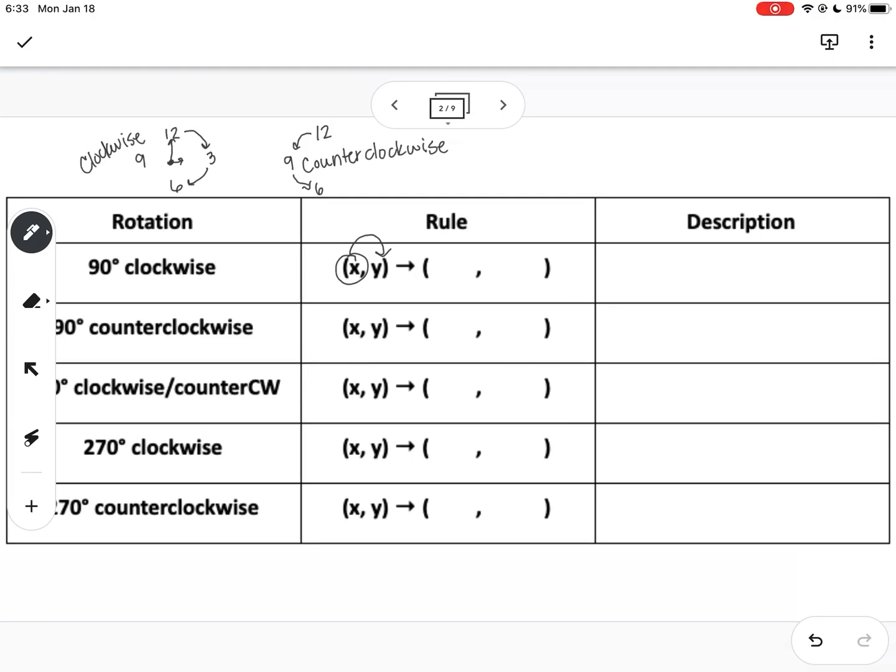And as it moves, just like in an equation, if you move something to the other side, it changes signs. So this is going to be y and then the opposite of x. A 90-degree clockwise turn is a quarter turn to the right. If you think about from 12 to 3, that would be a 90-degree clockwise turn.